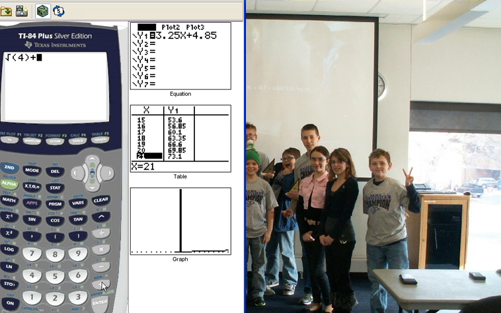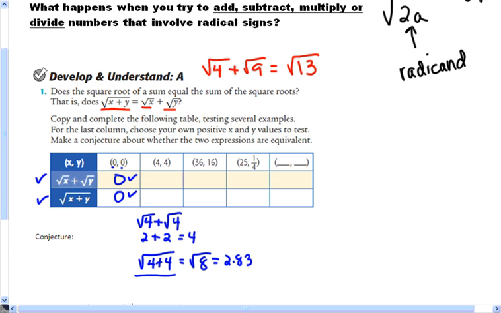And then we did plus the square root of 4, and close off the parentheses again and find out what that equals. And then the other way we want to do it is add 4 plus 4 first. In order to do that, we're not going to close the parenthesis off until after we've added 4 plus 4. Then close the parenthesis, press enter, and there is an irrational number, 2.83, and so that's how you use your calculator to do that.